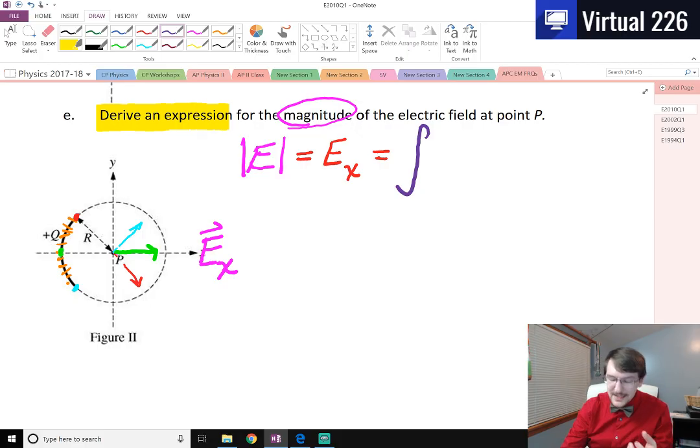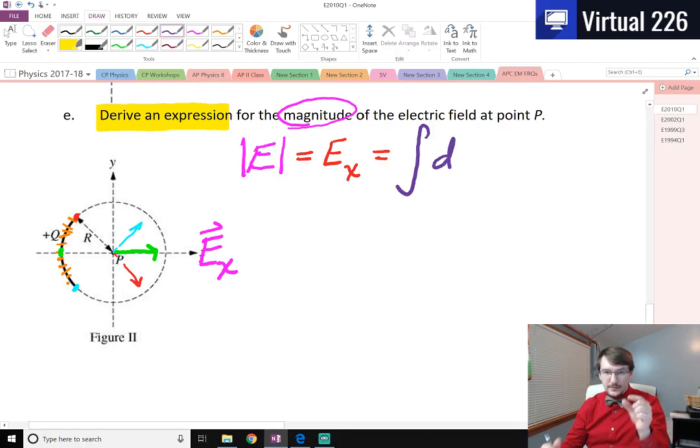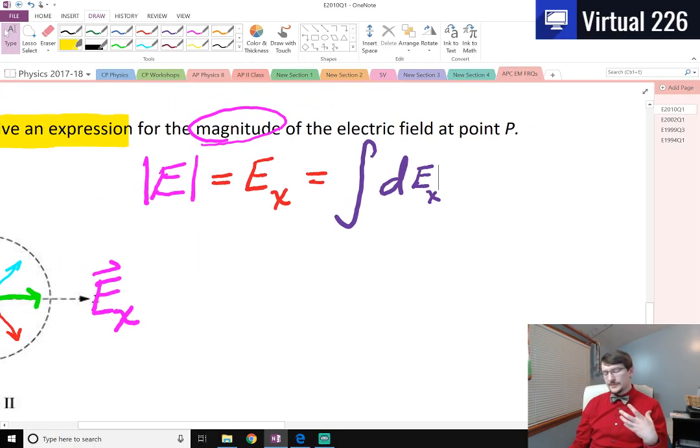And we represent these tiny little pieces mathematically with the term d, which means just a differential, or a tiny little piece of whatever it is we're looking for. And in our case, it's the electric field in the x direction, okay? So if you're familiar with this idea of an integral, hopefully that's not surprising to you.